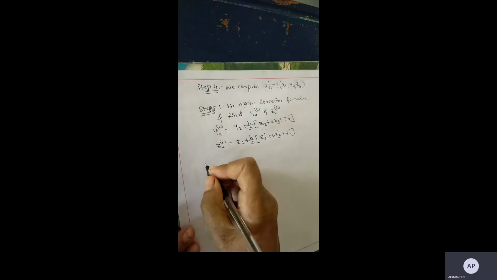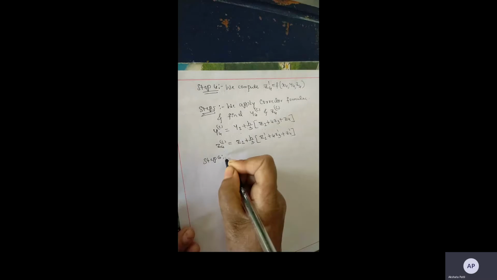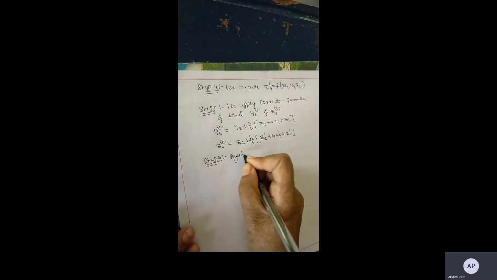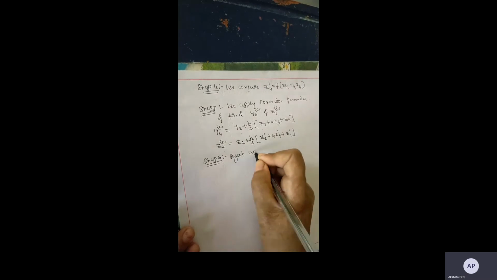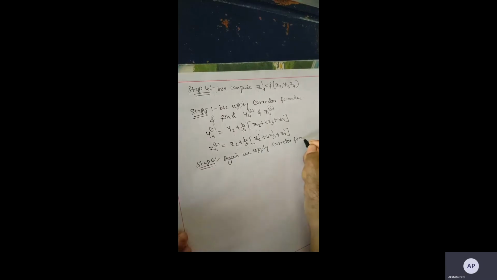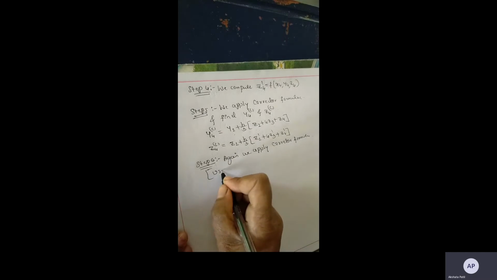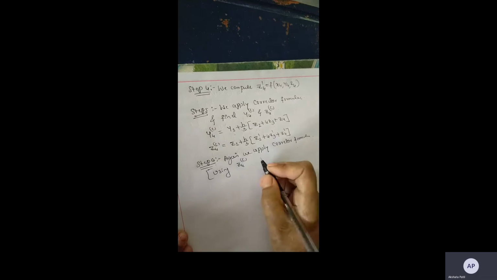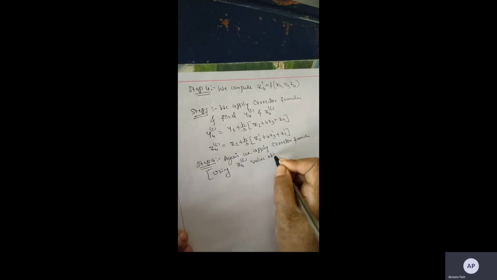Now step 6. In step 6, again we apply the corrector formula, here using the z4 of c value which is obtained in step 5.